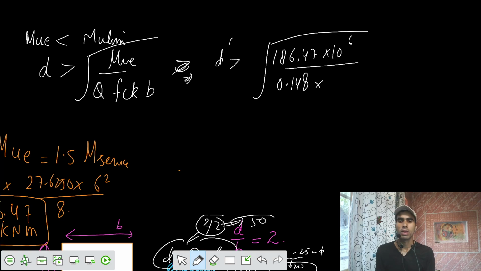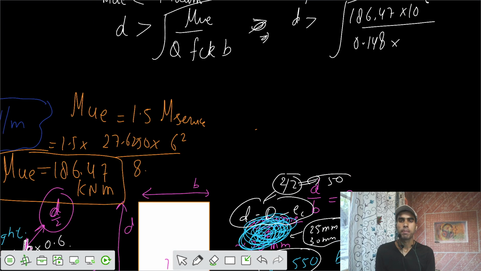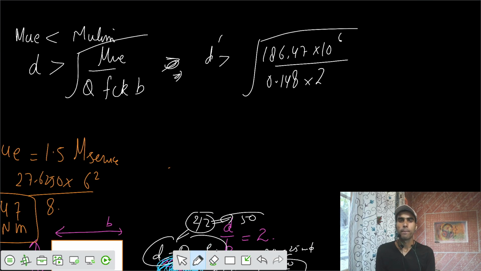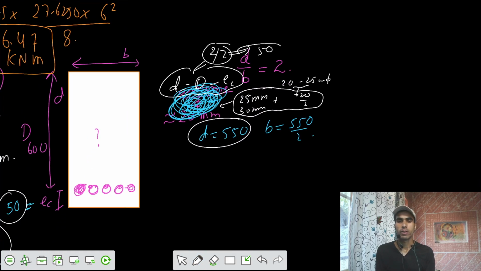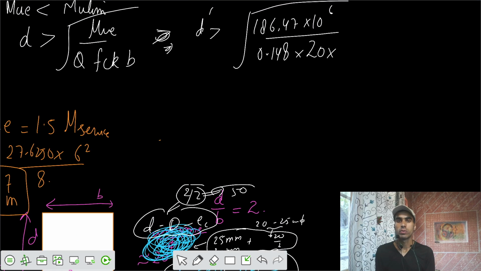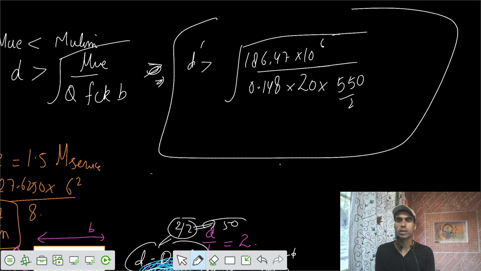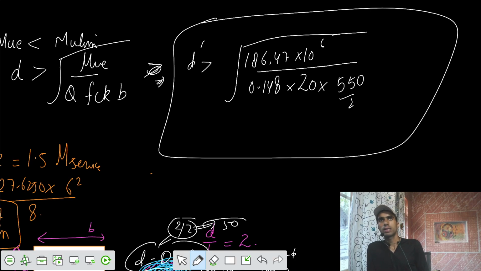fck is M20. Is fck M20? M20, yeah, M20. And value of b, we assumed some value. b was 550 by 2, yeah, 550 by 2. Let's see whether this is correct or not.